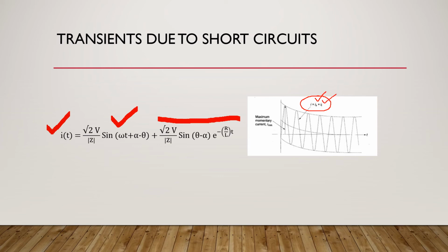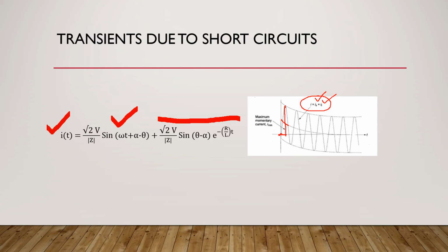If we consider t equal to 0 up to the time at which the first peak happens, the decay time is a very small value and can be neglected.